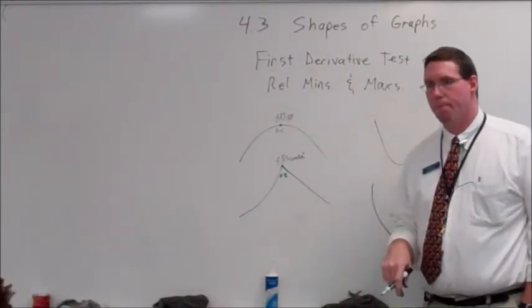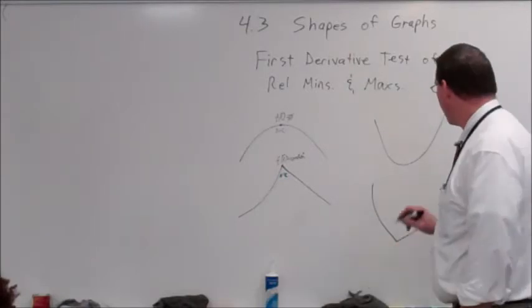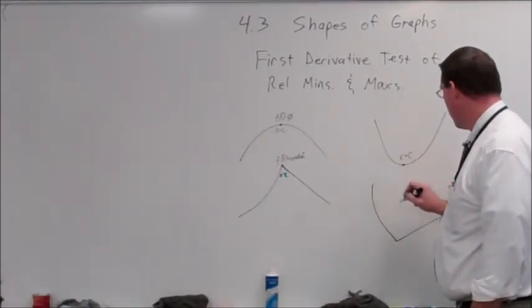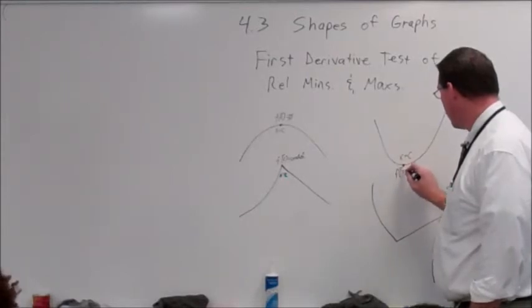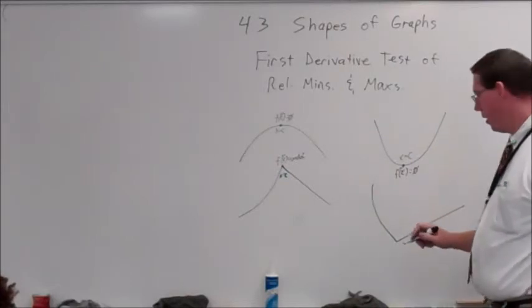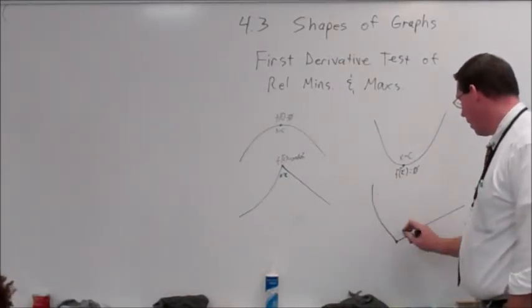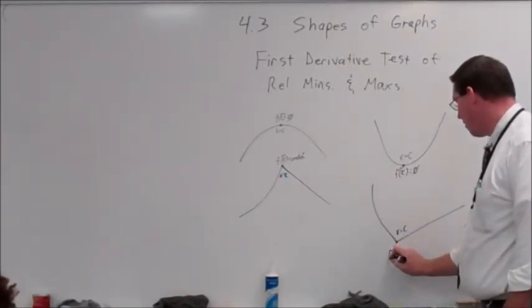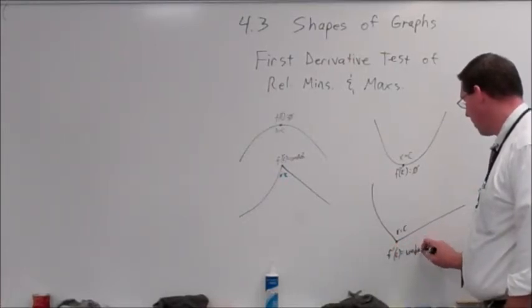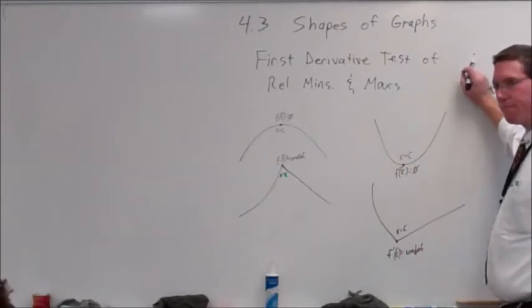Okay. What about here? If we say that this is c at x equals c, f prime of c equals what? 0, horizontal tangent line. And here, as over there, if x equals c, f prime of c is undefined, right? Okay? We okay so far?